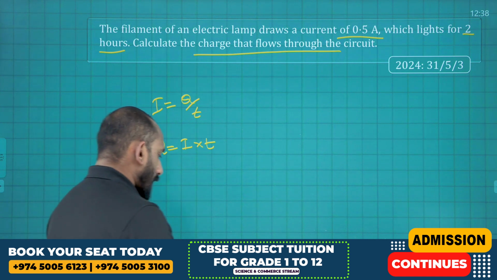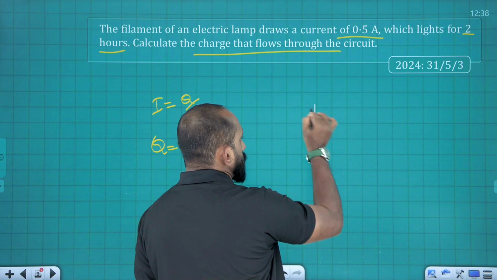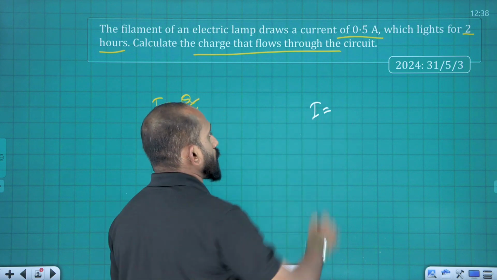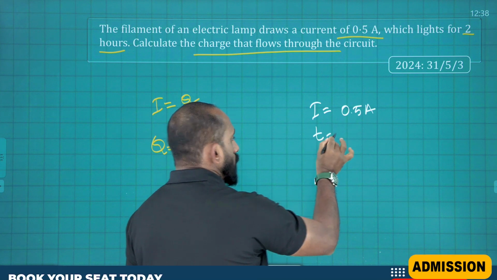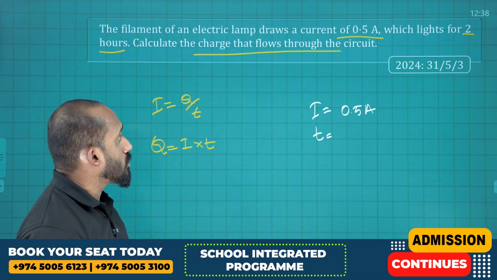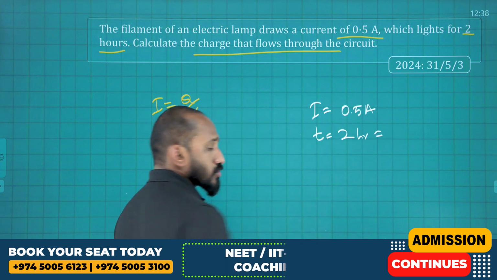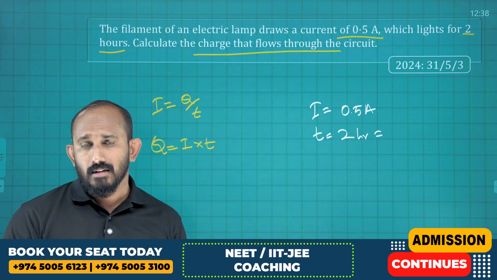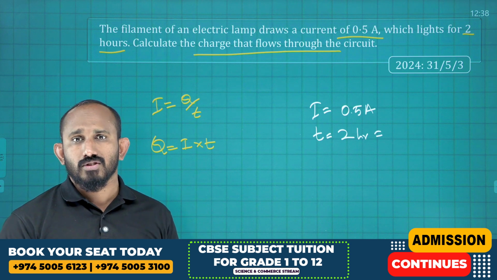Now here, time and current are given. Current, intensity of current I is equal to 0.5 ampere. And the time of working T is equal to how much? 2 hours. So hours should be converted to seconds. 1 hour is 60 minutes and 1 minute is 60 seconds.